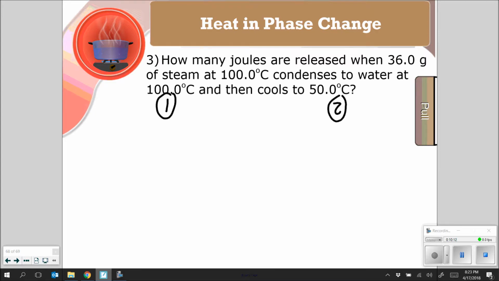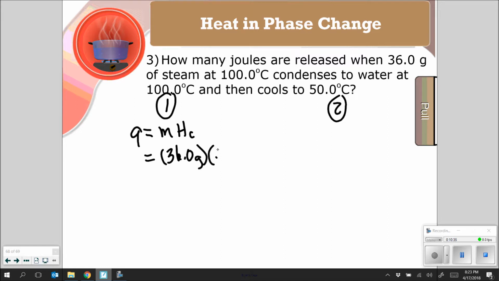Part 1 is going to be my phase change. For this particular problem, that's going to be Q equals mass times heat of condensation. Remember, there's no temperature change here. So my mass is going to be 36.0 grams.